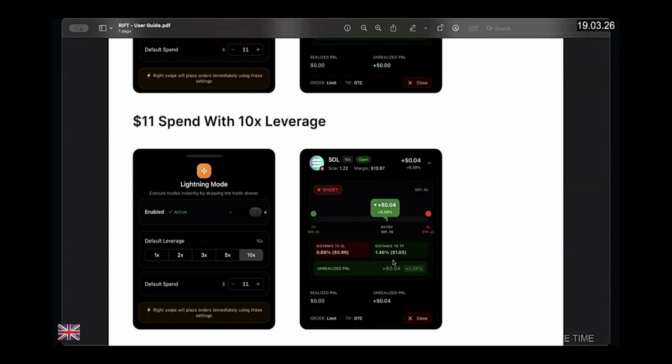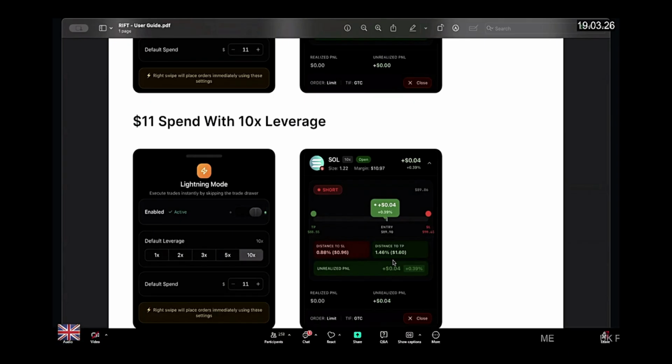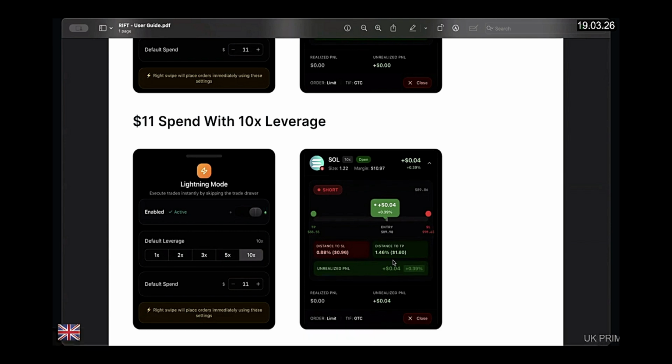Same trade can make you $3, same trade can make you $300, same trade can make you potentially $600. That all depends on the customization, on the ticket size that you go for. Rift is for everyone, for small trader, for medium sized trader, for large heavy duty trader.